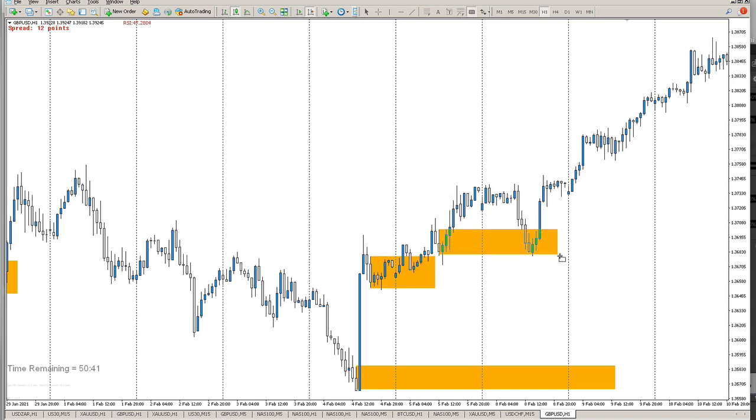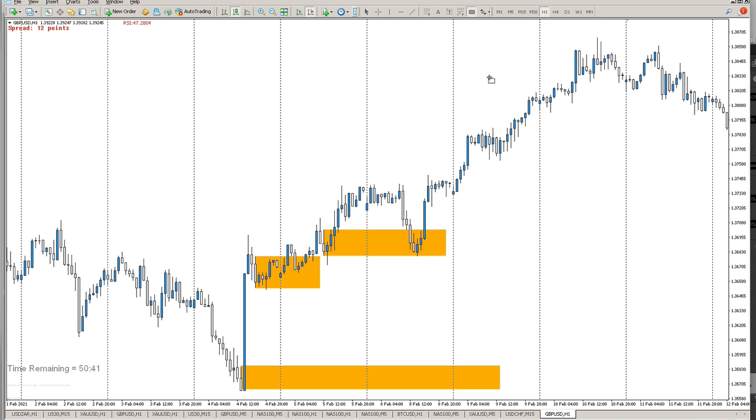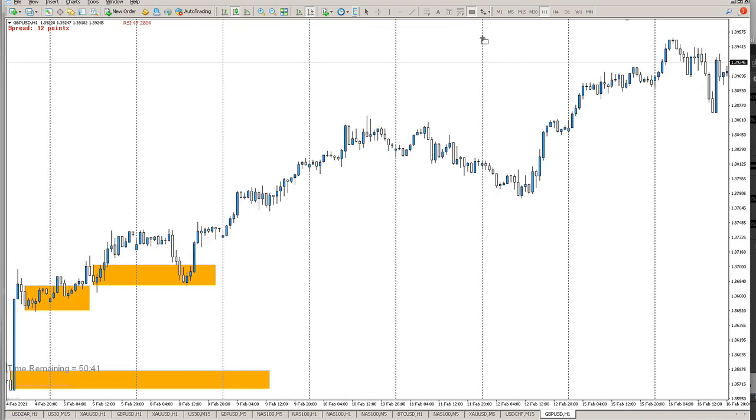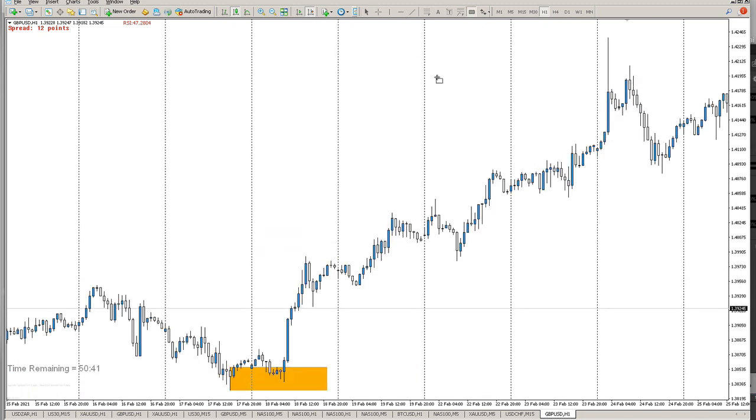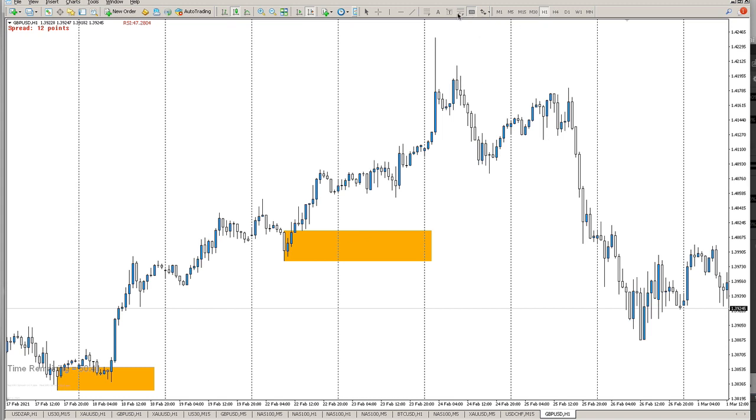Then this one here, the last down candle before the fast up move, price returns, you see it respects the candle, and this is what people in retail would call support and resistance, but it's actually an order block, a bullish order block, an ICT bullish order block. Again, the fast move away from the down candle, boom, return, again an order block on the upside, and you just keep looking for them on the down moves of every swing on a bullish momentum, and that's how you can profit from trading.